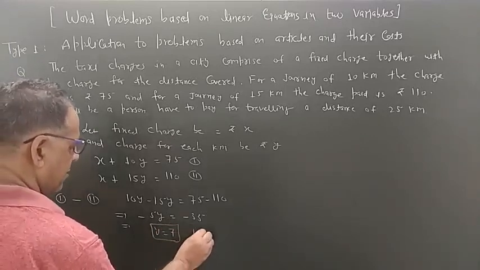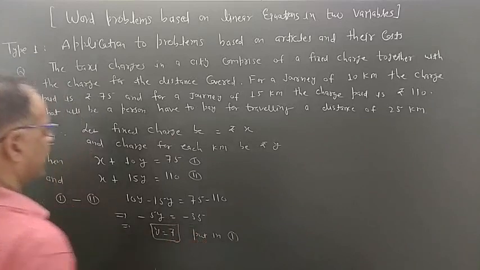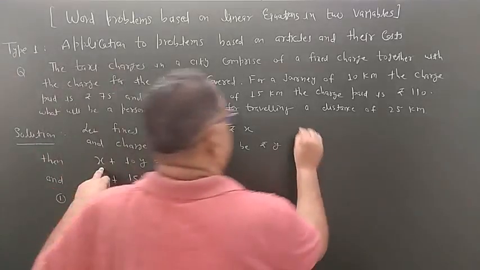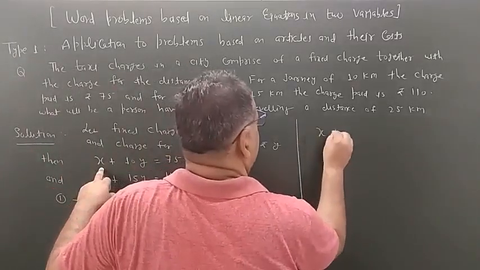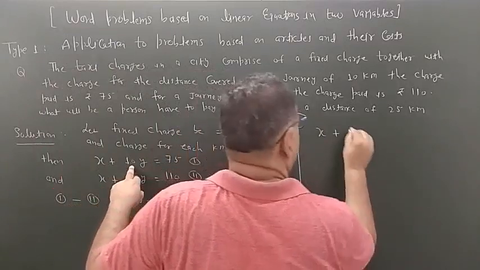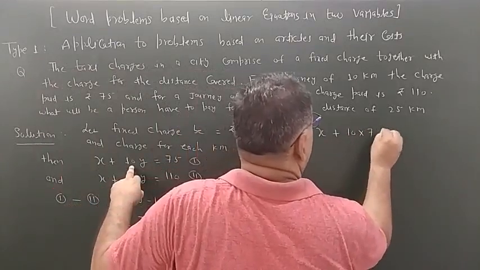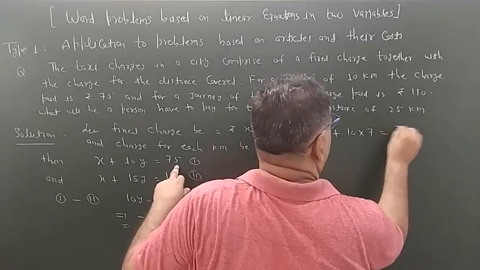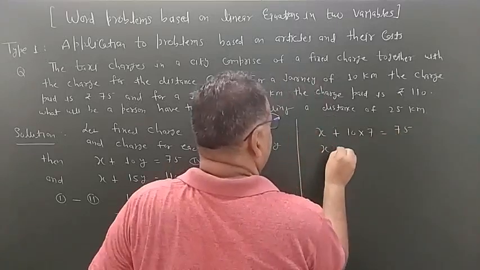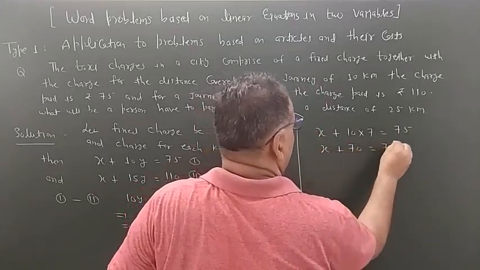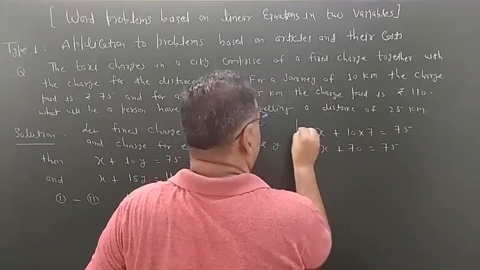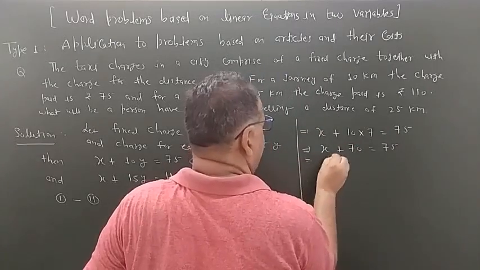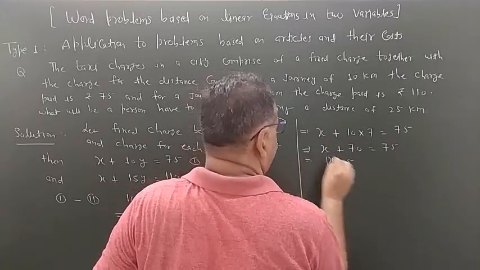Put in any equation, first or second. So we have x plus 10 into 7 equal to 75. So x plus 70 equal to 75. Now we have x equal to 5.